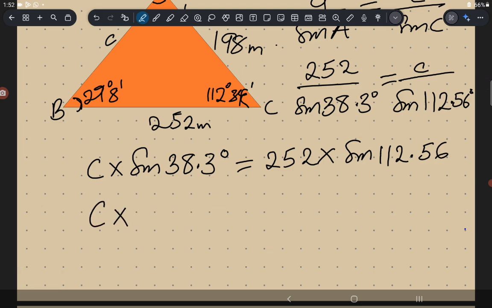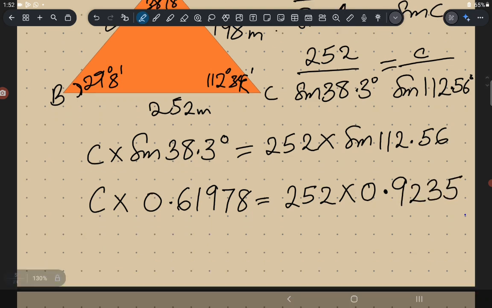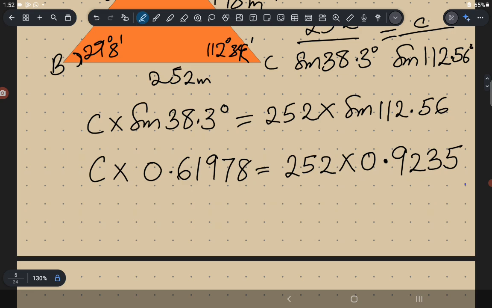So sine 38.3 gives us 0.61978, so c times 0.61978 is equal to 252 times 0.9235.